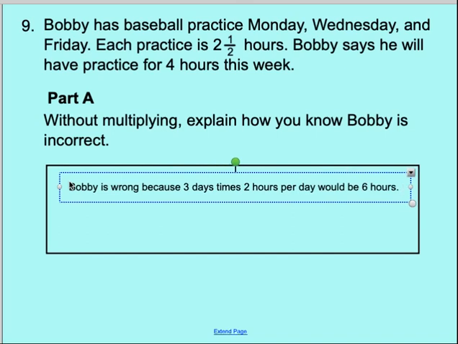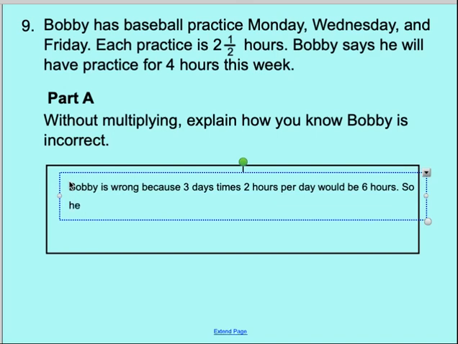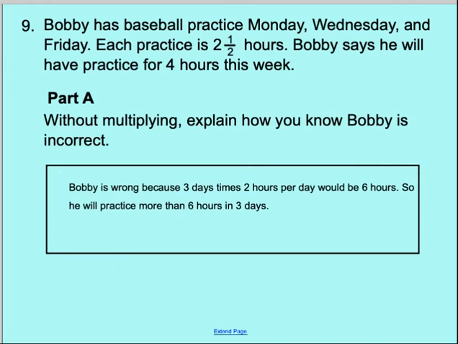So he will practice more than 6 hours in 3 days. Okay, so that's why he's wrong, because it cannot be 4 hours if already we have estimated low and he's going to practice 6 hours.